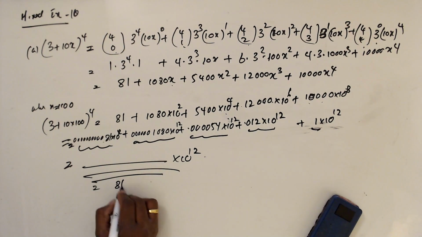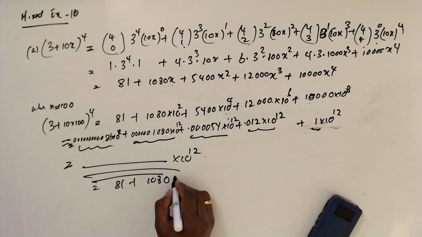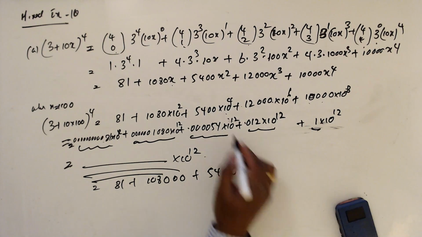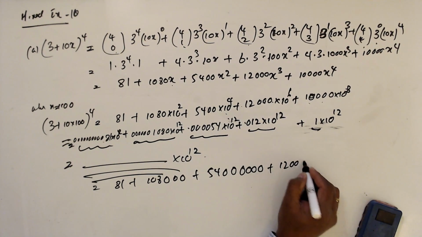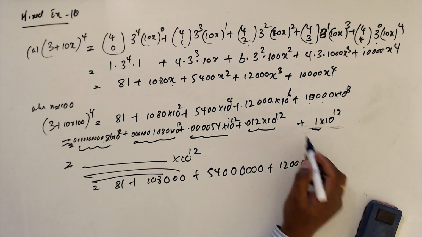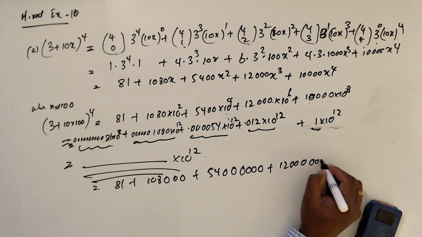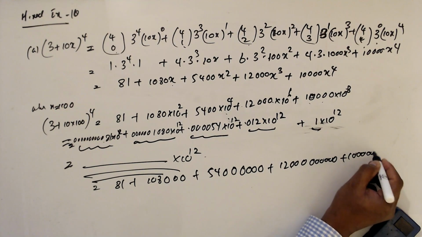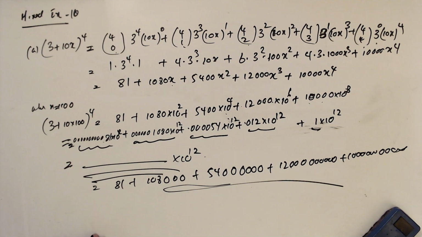So this is 81 and this is 1080, and take that multiplied by 100: 5400, then multiplied by 12, this is 12,000. Then another 6 zeros, and this is going to be 10,000, another 8 zeros. Likewise, you can work that way as well.